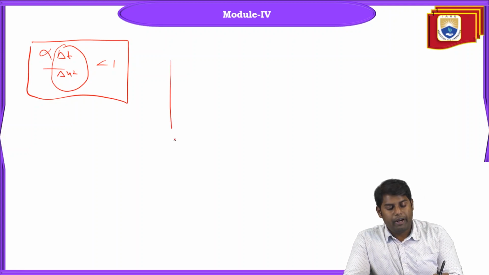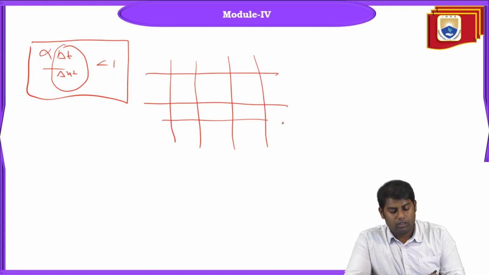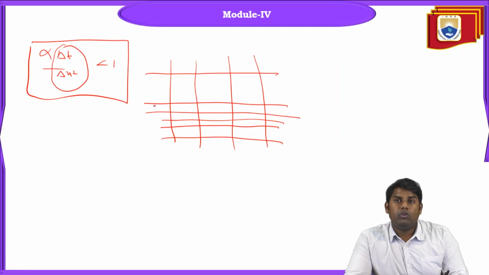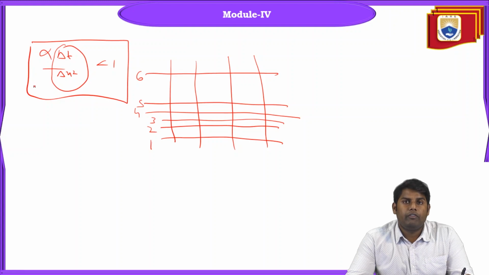Now what happens? Let us take grid lines 1, 2, 3, 4, 5, 6. The distances between 1 and 2, 2 and 3, 3 and 4, 5 and 6 are changing. They are not all equal.